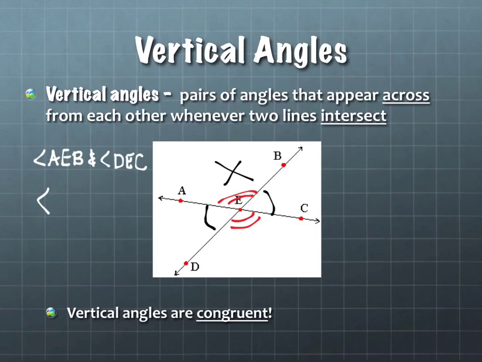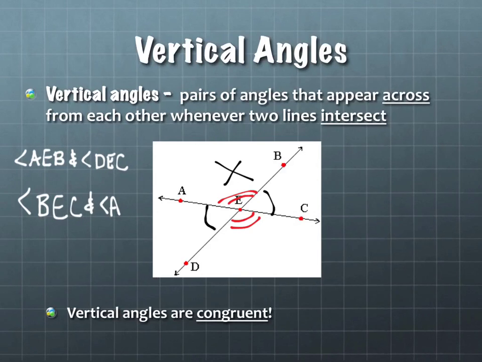What's the other pair of vertical angles in this picture? Say it loud for me. BEC and AED. Okay?